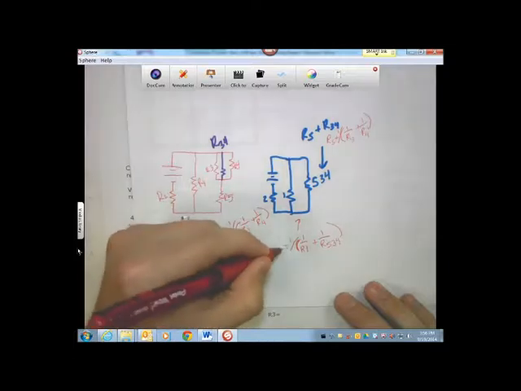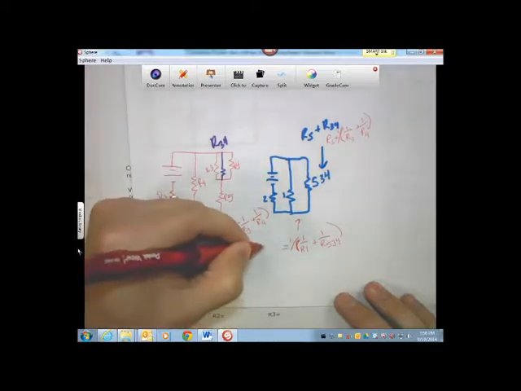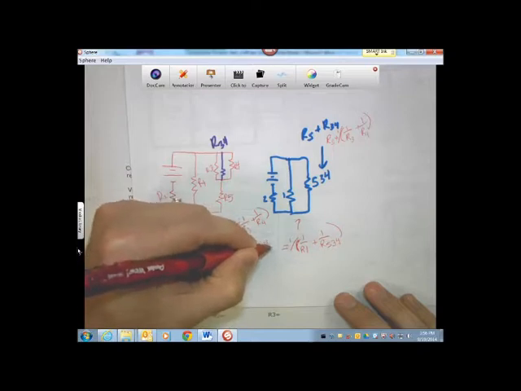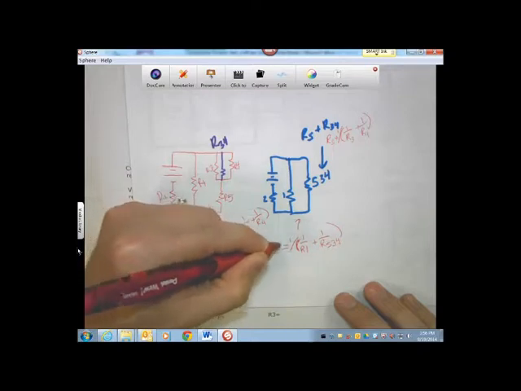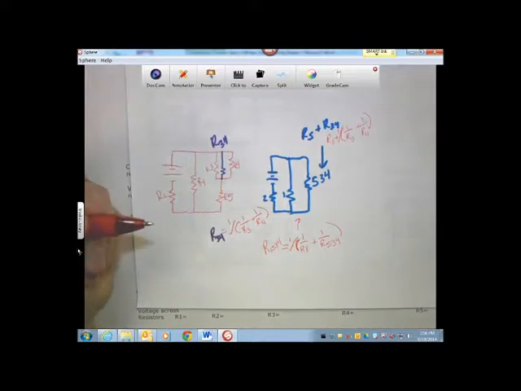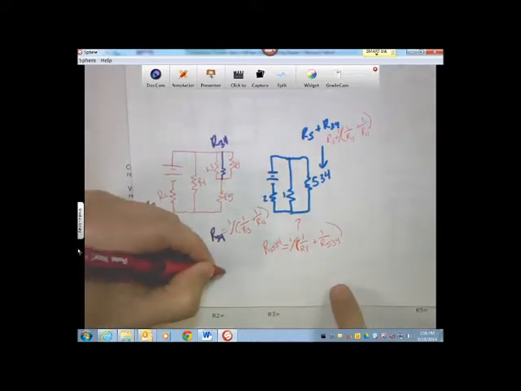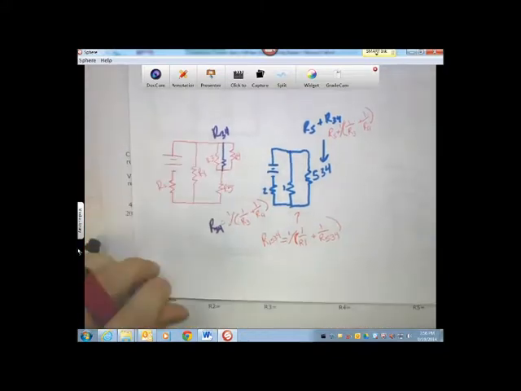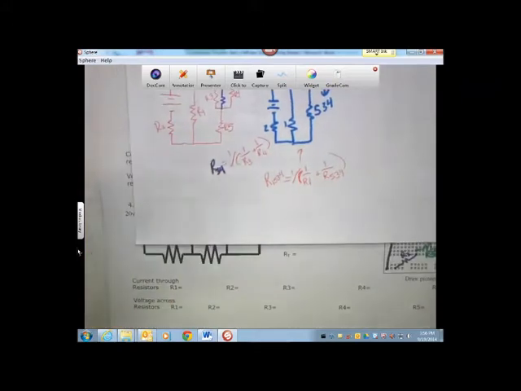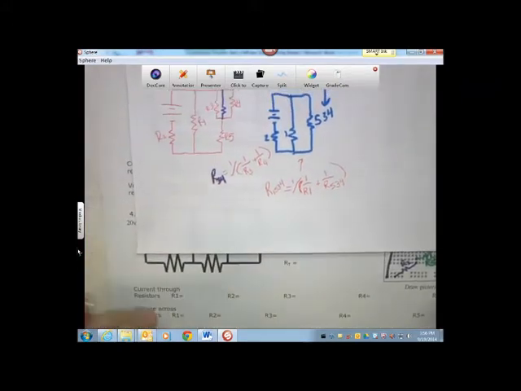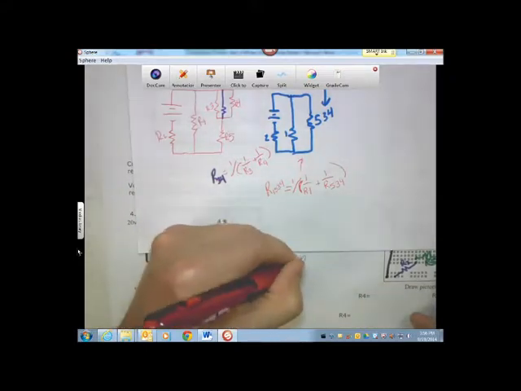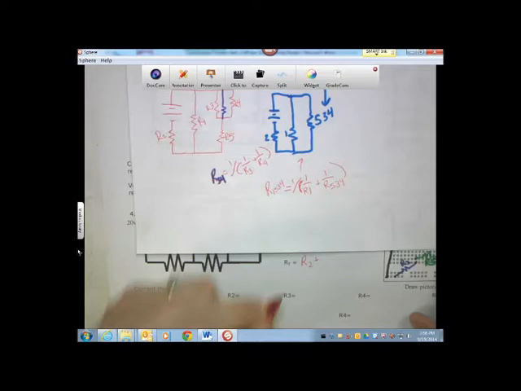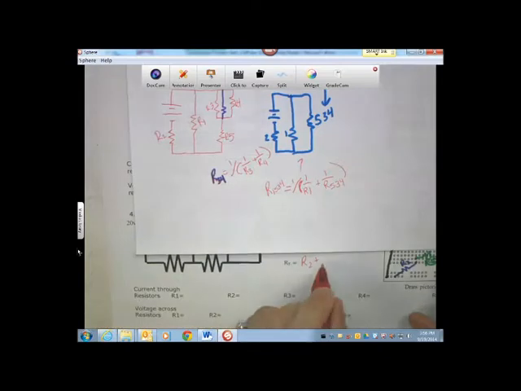So this now equals R1,5,3,4. And now to get RT, that is going to be equal to R2 plus R1,3,5,4.